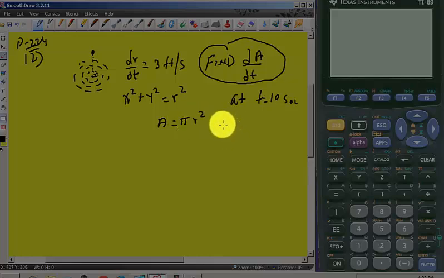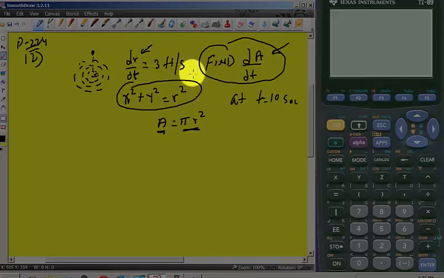So we're going to take the derivative of this. If I take the derivative of A, I'm going to get dA/dt, so I'm good there. If I take the derivative of r squared, I'm going to get dr/dt, and I have to make sure I have something for dr/dt.